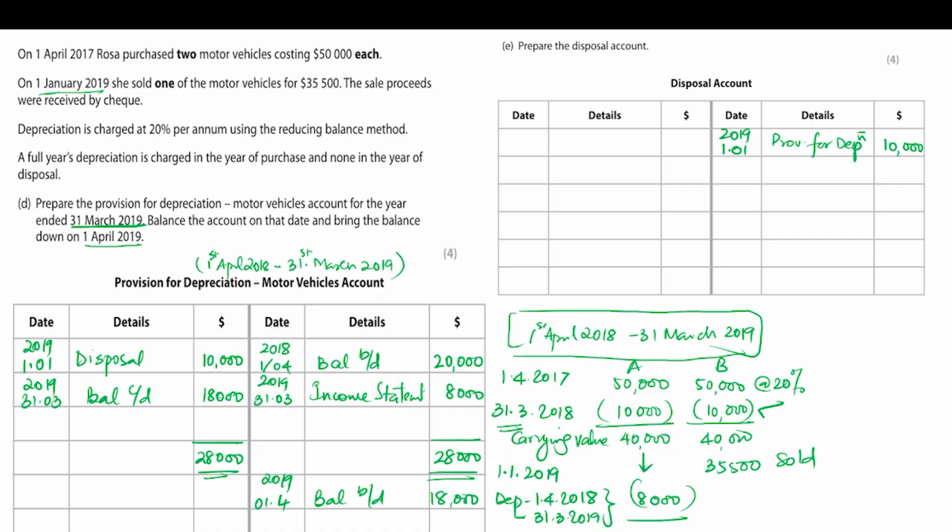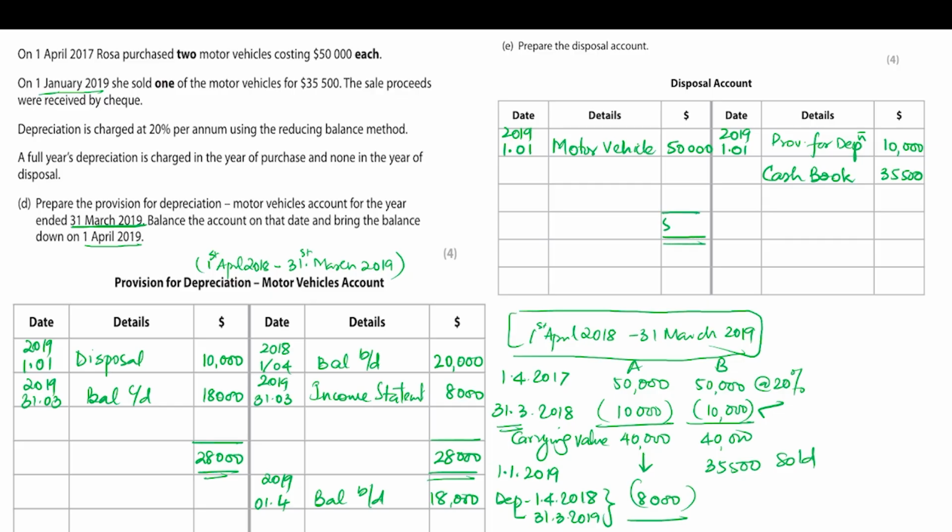Let's come to the disposal account. In the disposal account we always write on the date of sale. So 2019 1st January motor vehicle, because that's always taken at cost. So we say motor vehicle, the one which is sold, 50,000, and then he sold it for 35,500, and on the same day we can write cash book 35,500. All right, now we will total it up.